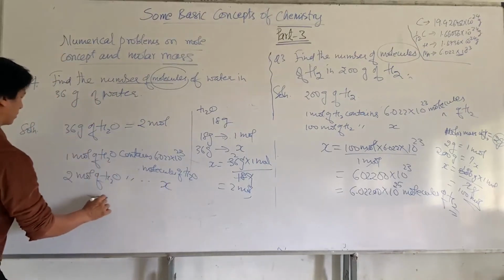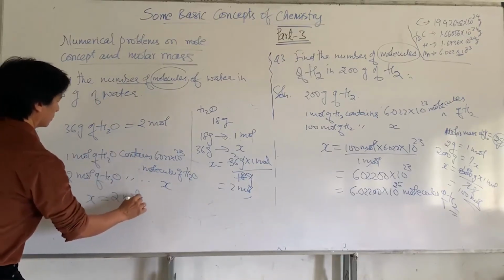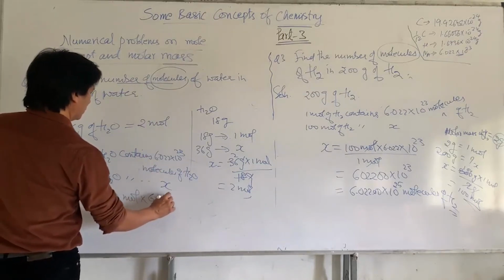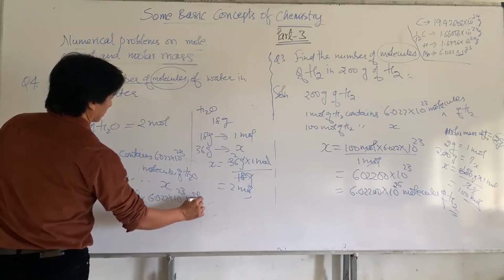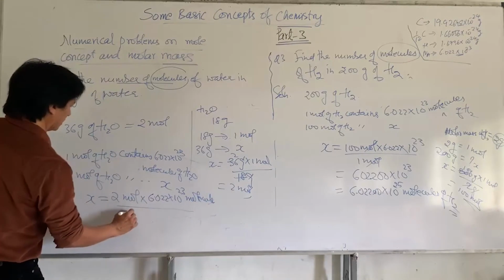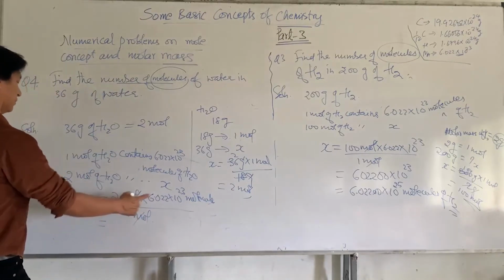Again, same thing, just cross multiply. This is 2 moles of water multiplied by 6.022 into 10 raised power 23 molecules, then divided by 1 mole. Then the mole and mole get cancelled, so finally 2 times this number.